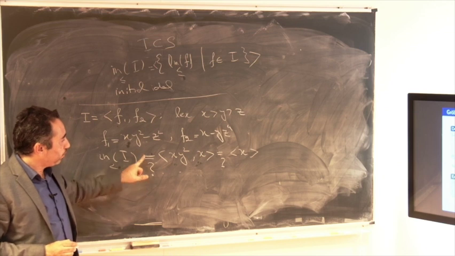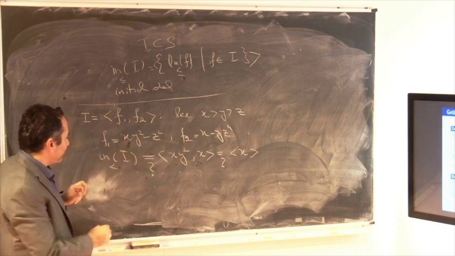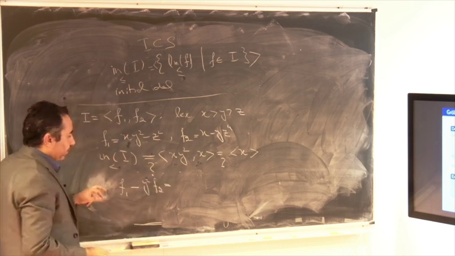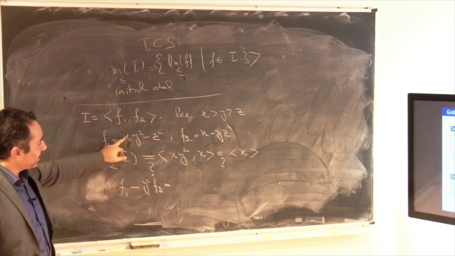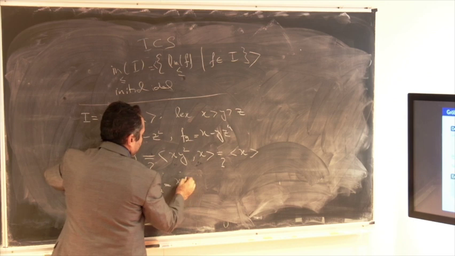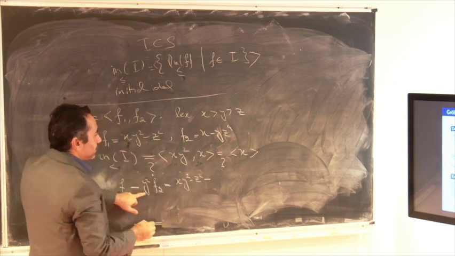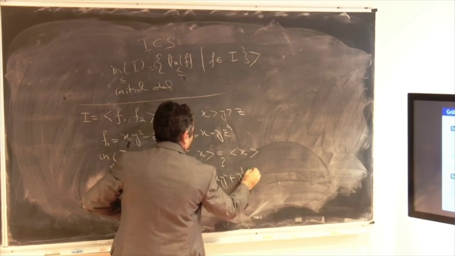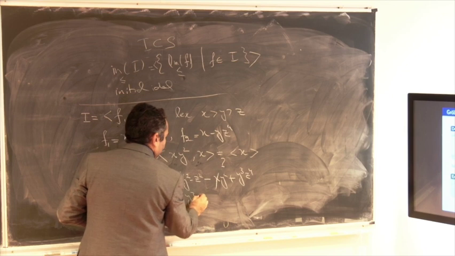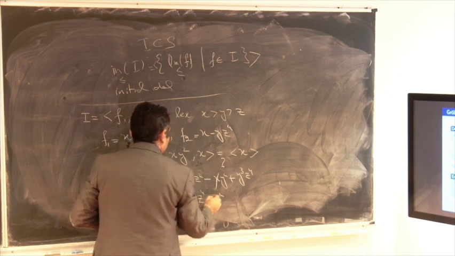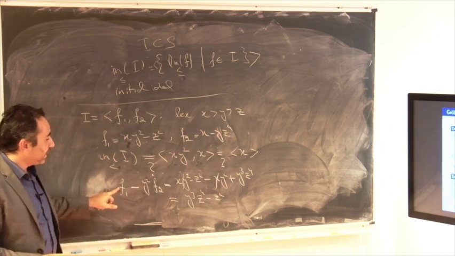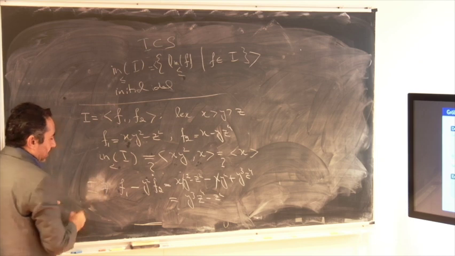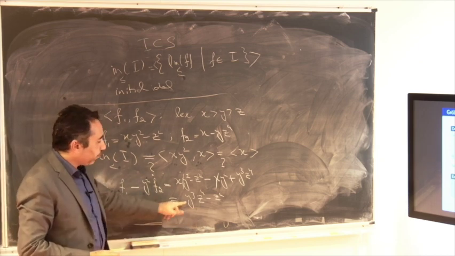Now if I look at these two polynomials and subtract F1 minus y squared F2, what do I get? I get x y squared minus z squared, and multiplying F2 by y squared gives minus x y squared plus y cubed z to the fourth. The x y squared terms cancel, and I get y cubed z to the fourth minus z squared. This polynomial, which I just constructed, is a combination of F1 and F2, which are the generators of I, so it belongs to I. So we get a polynomial in I that is not a multiple of x.